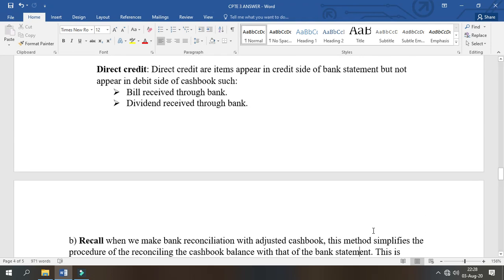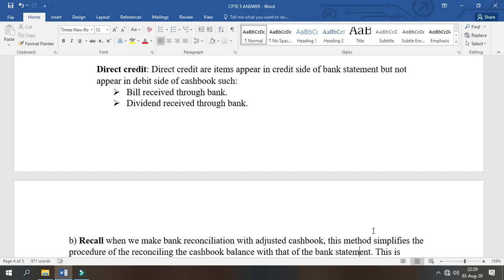Dear friend, this is question 3. Sub question A ends here, but we are going to deal with sub question B. Sub question B is asking to make a bank reconciliation.